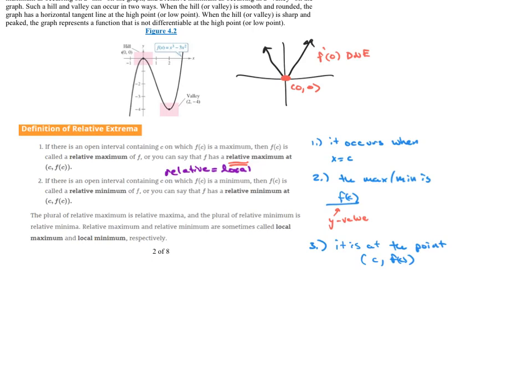Okay, it says the plural of relative maximum is relative maxima, and the plural of relative minimum is relative minima. And it says relative maximum and relative minimum are sometimes called local maximum and local minimum. So there it is right there. Relative is local.